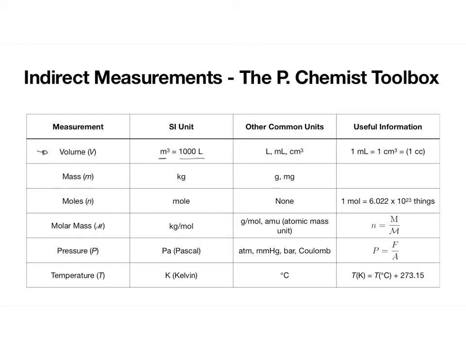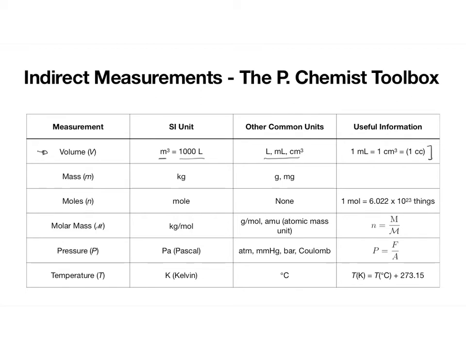Yeah, you've got about 500 2-liter soda bottles to get 1 cubic meter. That's a lot. So oftentimes we use liters, milliliters, centimeters cubed as common units. And something useful to know is that 1 milliliter is equal to 1 cubic centimeter. And if you are in medicine, that is the same thing as 1 cc.